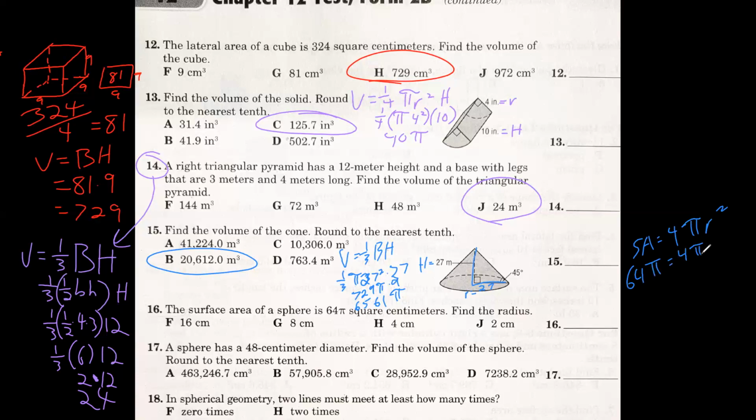We are looking for the radius, so we don't know what that is yet. We have to solve for it. So first, divide off pi from both sides. They cancel off. Then get rid of the 4. Divide both sides by 4. And we end up with 16 equals r squared. Undo that by taking the square root. And our radius is 4.